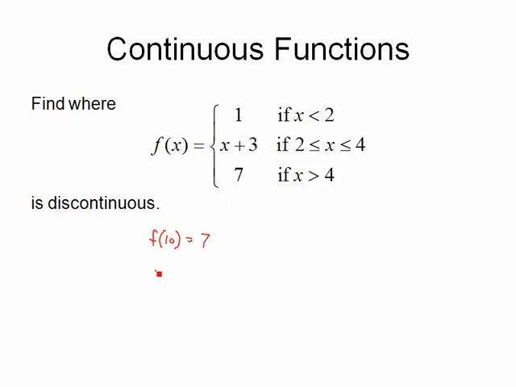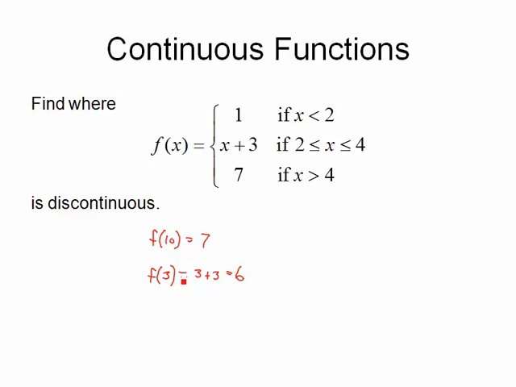If I say, what is f of 3? Well, 3 falls between 2 and 4, so that means I need to put it into the second piece of the formula. 3 plus 3 is equal to 6. Notice that at no point when I have an input will I put it into all 3 pieces simultaneously.